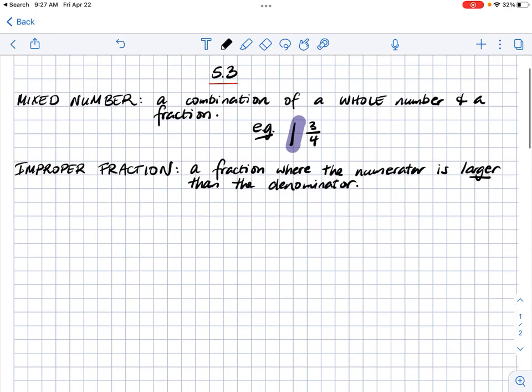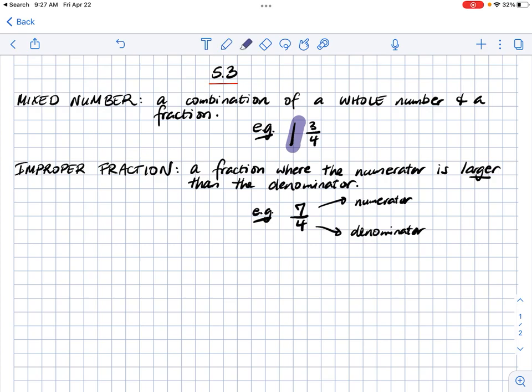And the example would be 7/4. So you should know the terminology, but I'll review. The 7 is the numerator, or the number on top, and the 4 is the denominator. Remember that math vocabulary is always important.